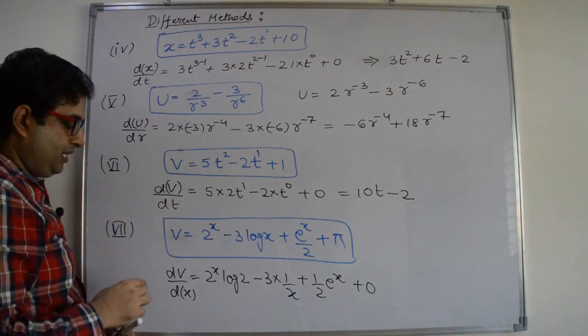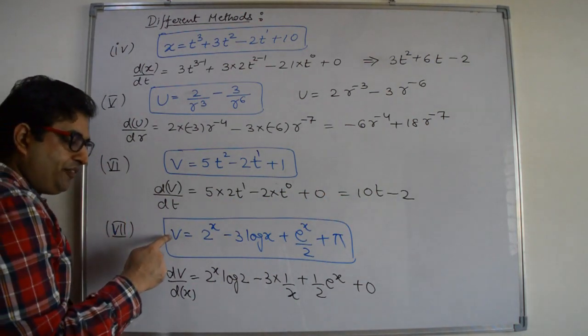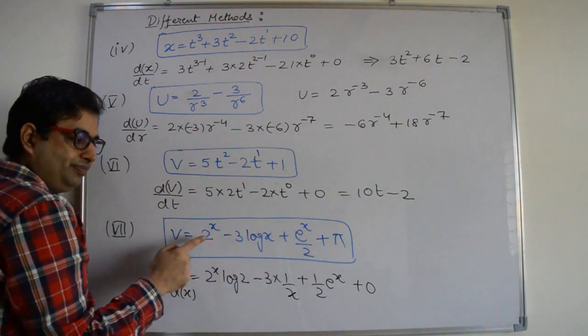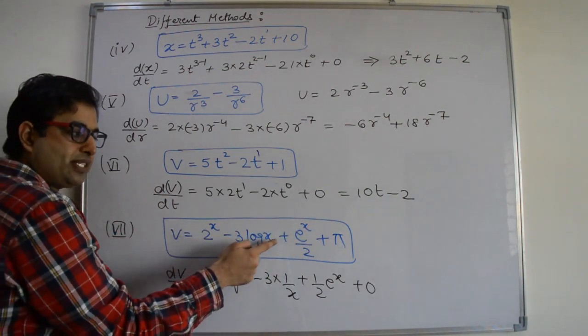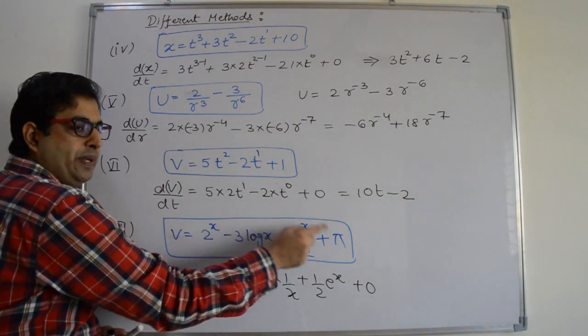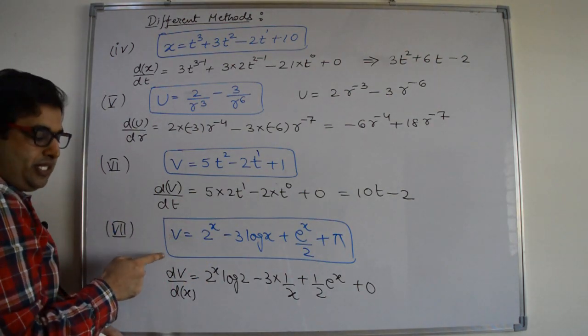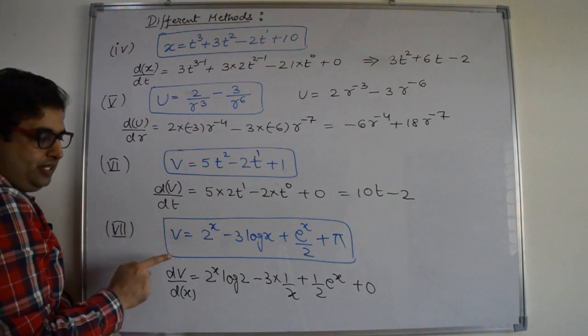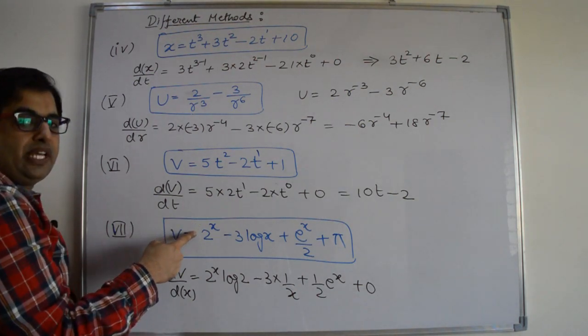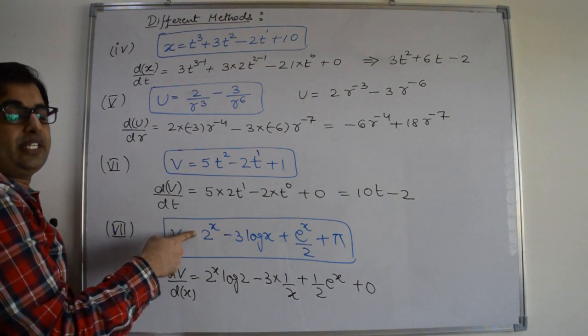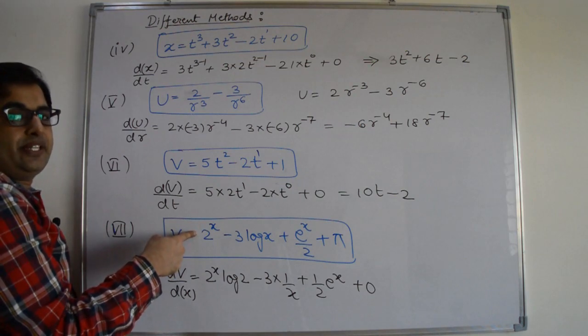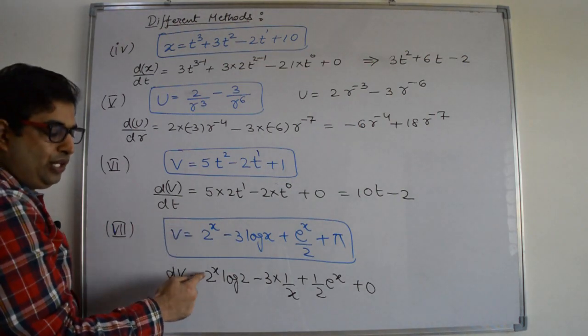Right? Last example. Here v depends on x: 2 power x minus 3 log x plus e power x by 2 plus pi. So here we have to differentiate with respect to x, dv by dx. 2 power x, formula is a power x, and the differentiation is a power x log a.